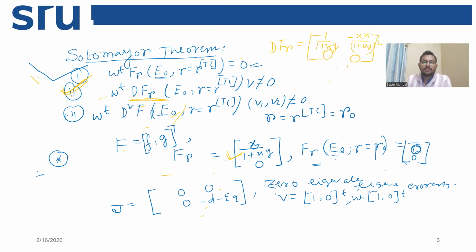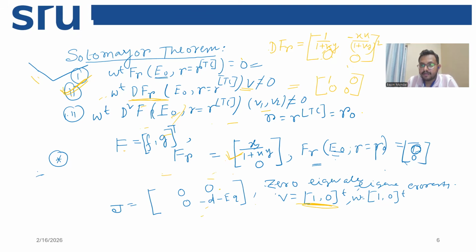Okay. Now putting the critical value, if we put the critical value of E0 at DFR, we have 1, 0, 0, 1. For the second condition we multiply by V. V means 1, 0.